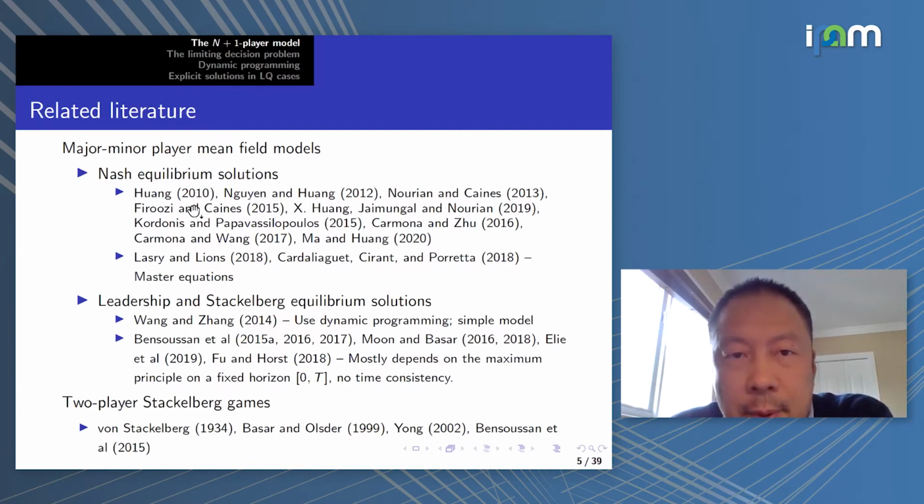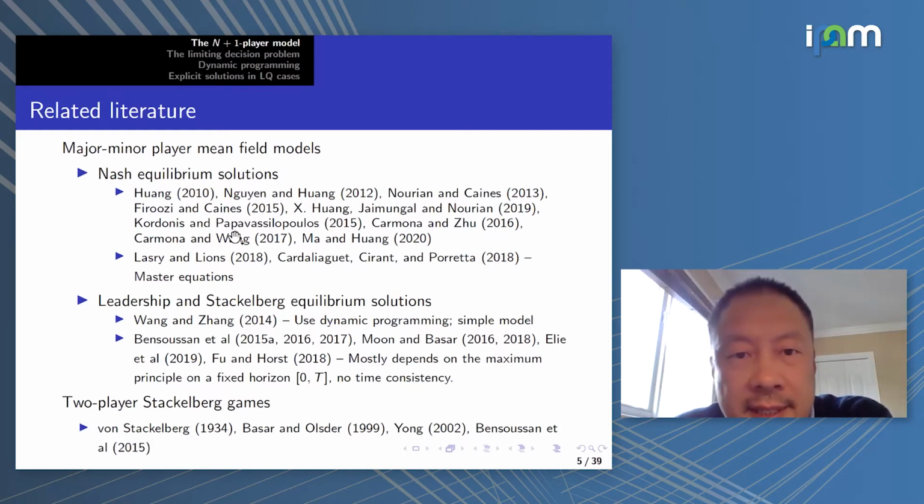Okay, they do mean field games. Okay, so for this kind of major-minor player models, the first set of literature actually considers Nash equilibrium solutions.